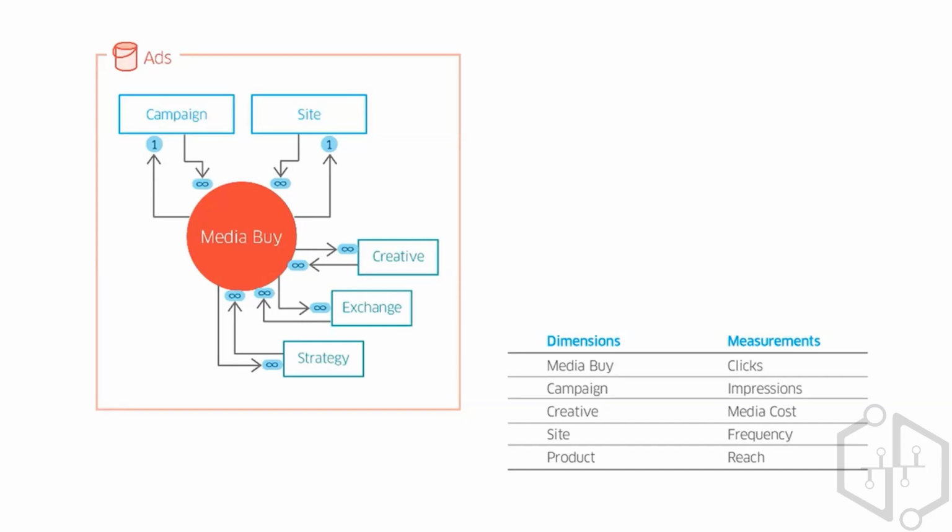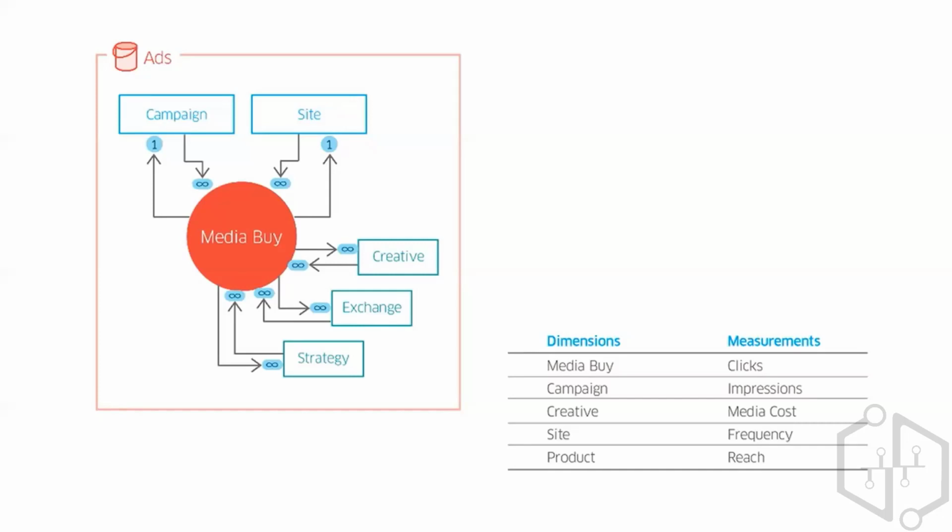So a campaign and media buy is a one to many relationship, because a campaign has multiple media buys. However, a media buy and campaign has a one to one relationship, because one placement attributes to only one campaign. A site can have multiple placements, multiple media buys, so a site and media buy has a one to many relationship.